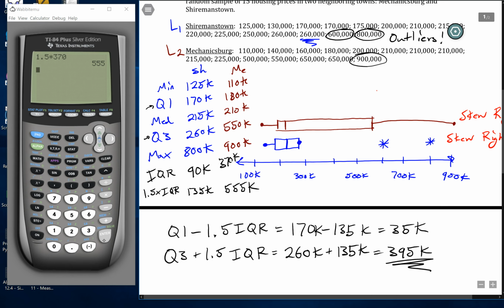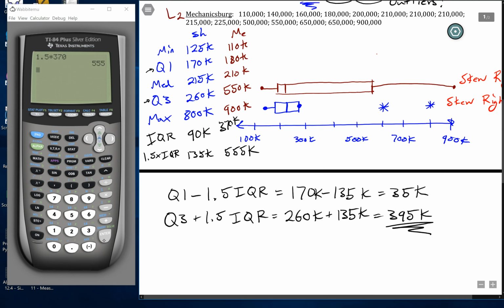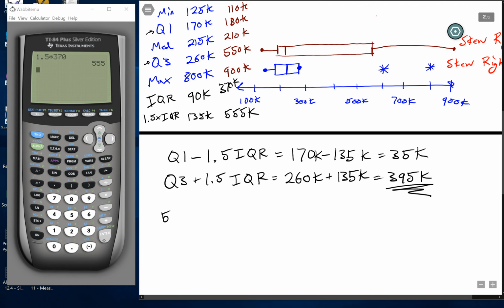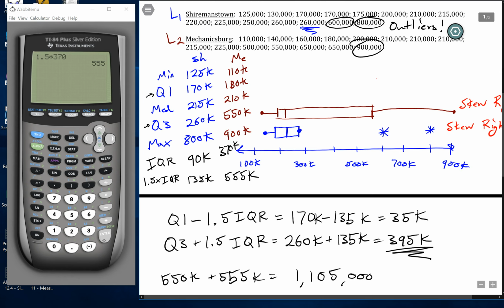In other words, even though this house seems really high, when I go Q3 plus 1.5 times the IQR, so 550,000 plus 555,000, that's 1,105,000. Since this last house is lower than that upper bound, it is not an outlier, which means that I'm going to keep this graph the same. I actually don't have any outliers.